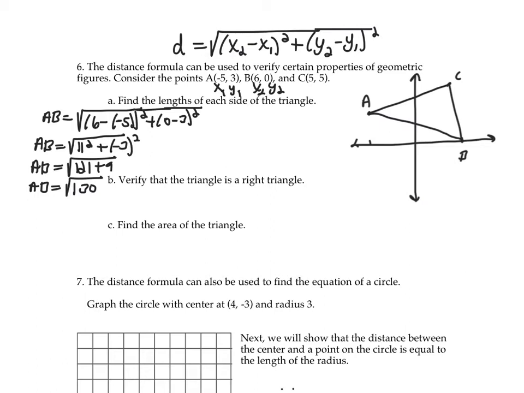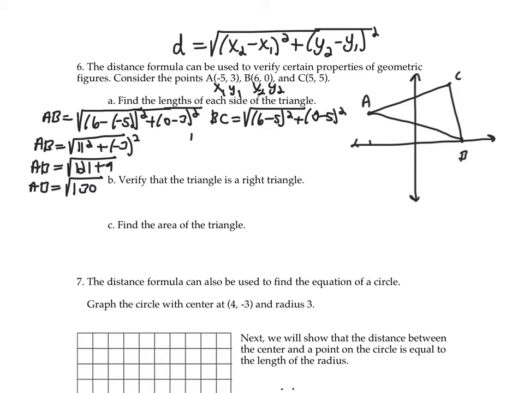Okay, the next line segment we'll find the length of is line segment BC. So BC has a length equal to the square root of 6 minus 5 quantity squared plus 0 minus 5 quantity squared.